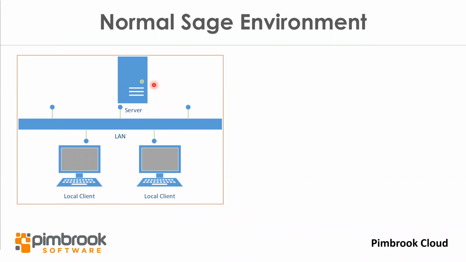So on the server, you would have the Sage data and your company data and the Sage software services to work with that. On each of the PC desktops, you will have the Sage client software, and that's where the users log in, and then they're all connected over your local area network.